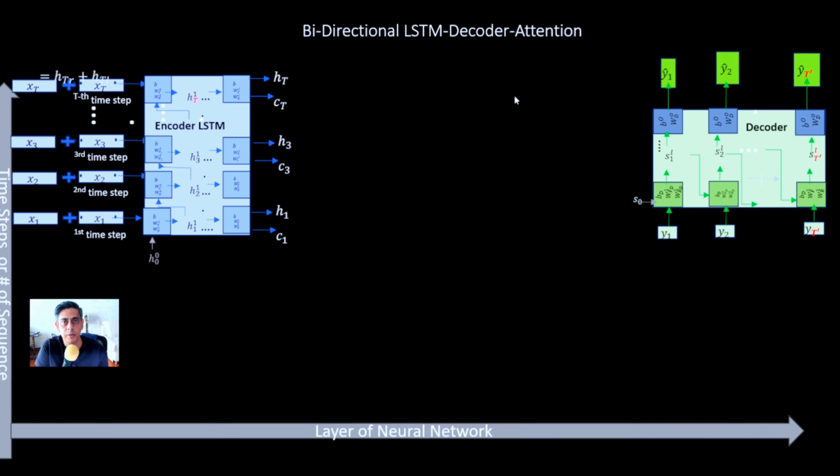Therefore each output value will also get doubled up, which means that HT will be HT right and then HT left. Similarly, the CT will also have CT right and CT left. Each of these vectors will have two directions of learning, and then it will output the concatenation of the left and right vector.